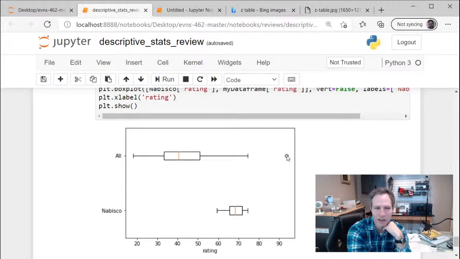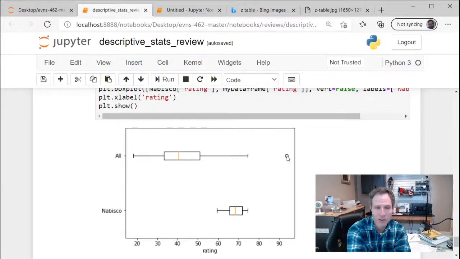Except there's this circle out here. What is that? That represents an outlier. There's a cereal in our data set that's way out here above 90 in the ratings. And that makes it an outlier. Well, why is it defined as an outlier here? You could turn that functionality off, but what's happening here is the whiskers extend out as far as the maximum and minimum values unless the maximum or minimum value is more than 1.5 times the interquartile range beyond this box right here.